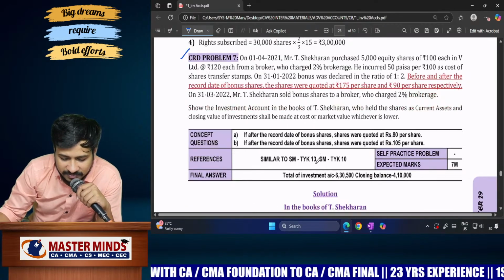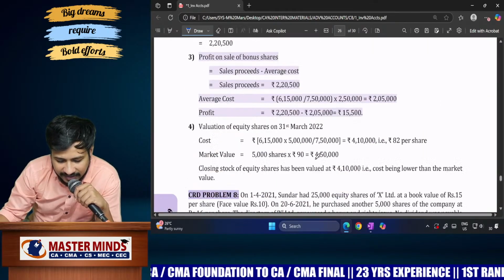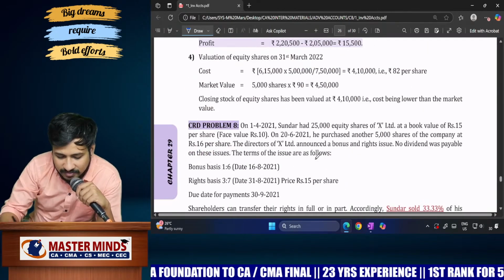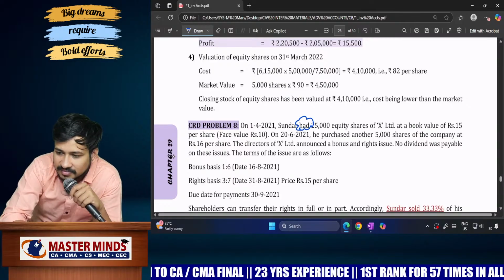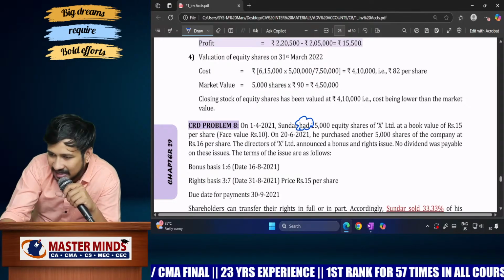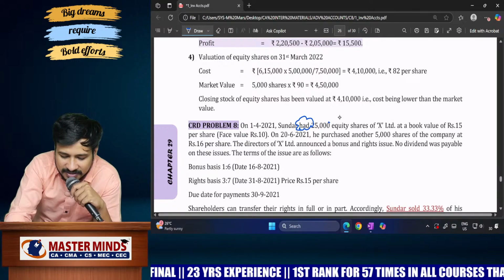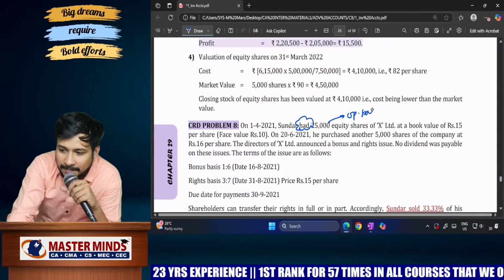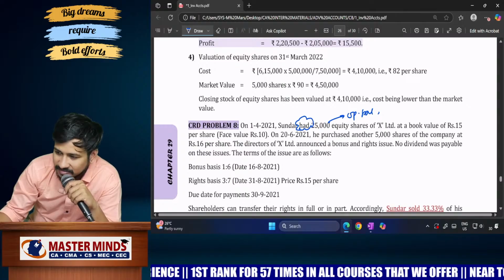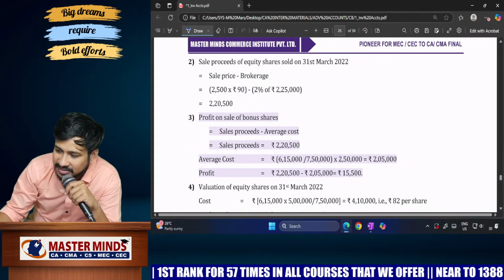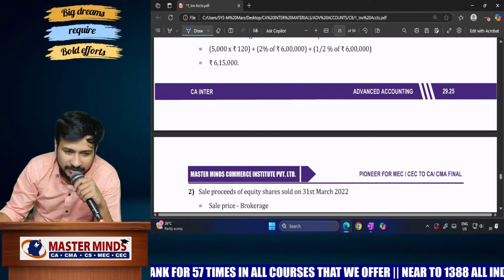Whereas in CRT number 8, if you observe the first statement on 1/4/2021, 'Sundar had', which is in the past, already he has. So this implies that it is the opening balance. 'Sundar had', 'Sundar purchased', be careful. The word 'had' itself implies that it is an opening balance.